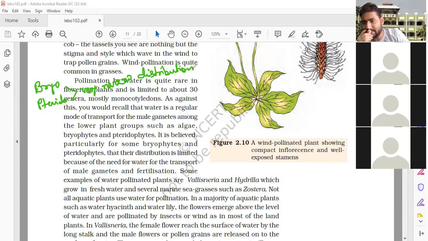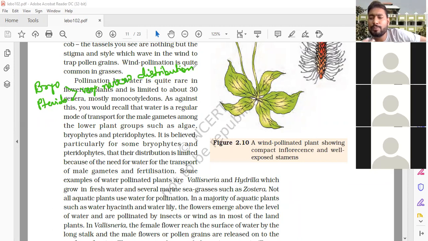Because water is compulsory for fertilization. If there is no water, male gametes cannot move over long distances. So due to this, the distribution of bryophytes and pteridophytes is endemic type. Only local, not very far away. They have a narrow distribution, not present throughout the world.